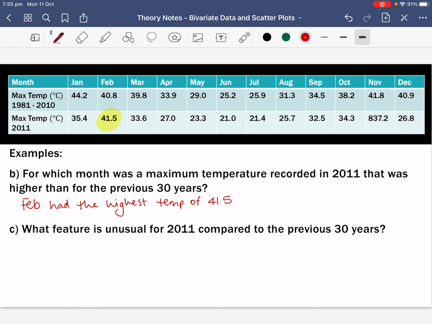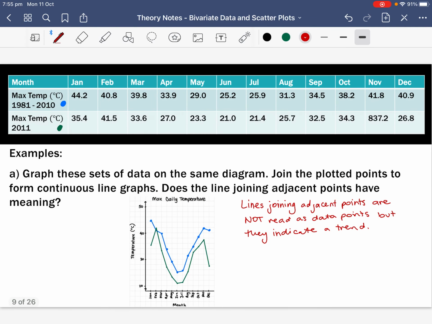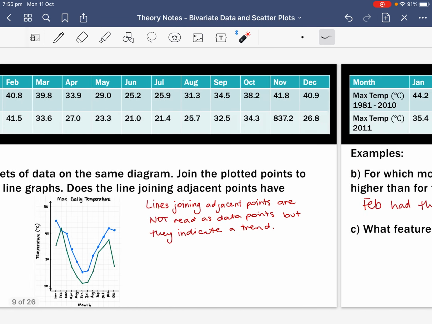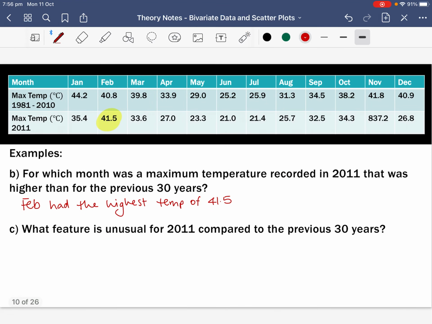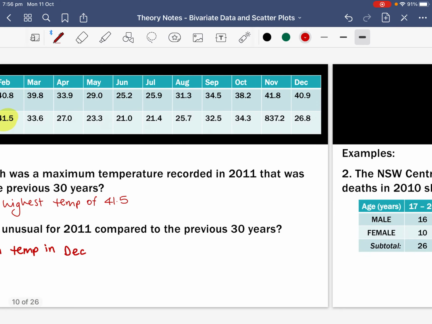So for 2011, the thing that's the most unusual is, in fact, the biggest difference is this drop in December. So that drop in December, which is normally our summer months, seemed very low. So the maximum temp in December is our answer there.